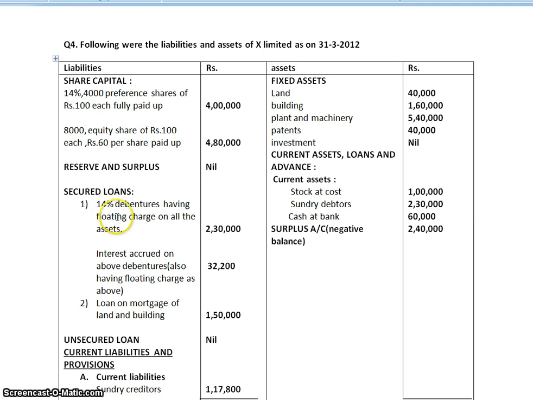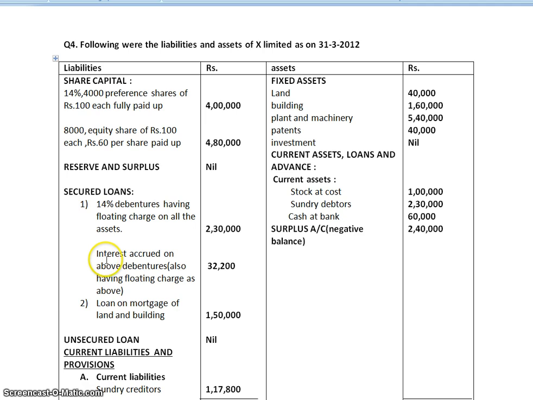And the debenture holders have a claim on all the assets that the company holds. So when the company provides security to any creditors or debenture holders, not on a single asset but on all the assets, that kind of security is known as floating charge.